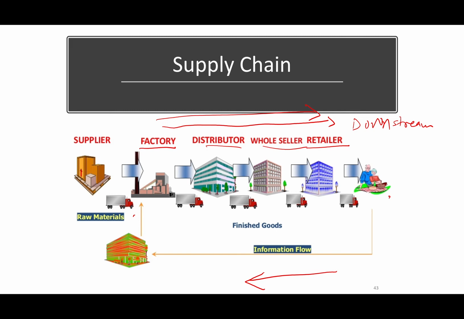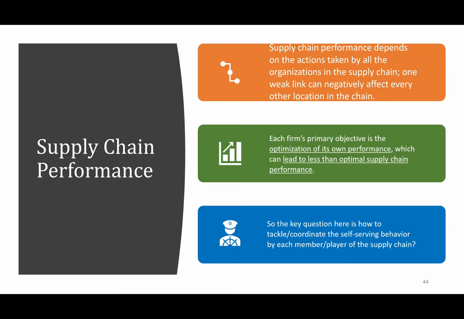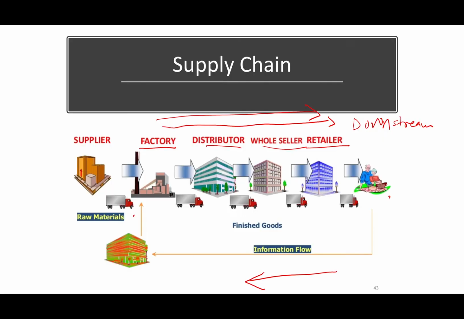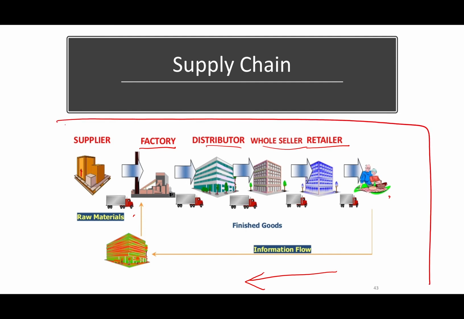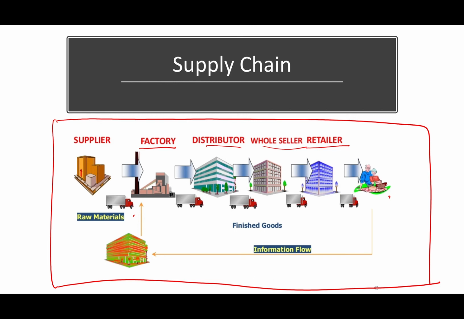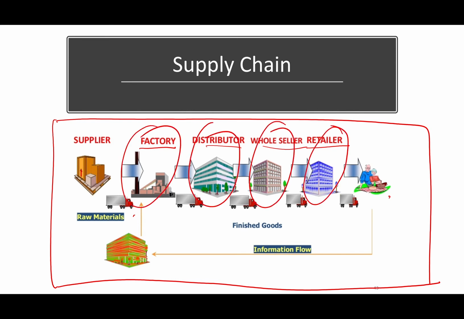Okay. So then what we were looking at is that the performance of the entire supply chain depends upon the actions taken by all the organizations in the supply chain. Okay, as a whole, this supply chain would depend upon each of the individual organizations, the retailer, the wholesaler, the distributor, and the factory. Okay.